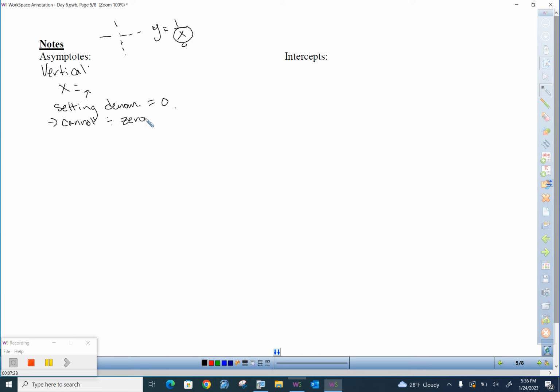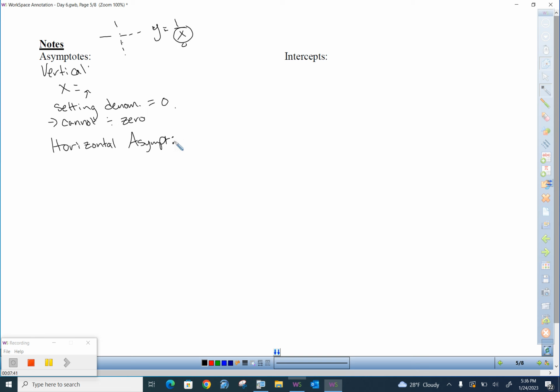But then we also have horizontal asymptotes. And what I'm going to do is split these into 3 sections. Now, only 2 of them are technically horizontal, so we'll talk about those first. And then there's another one where it's something different entirely.